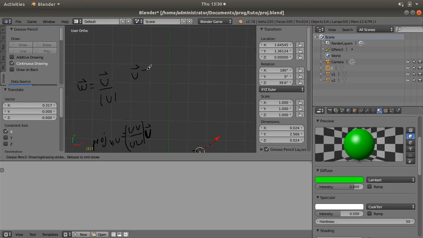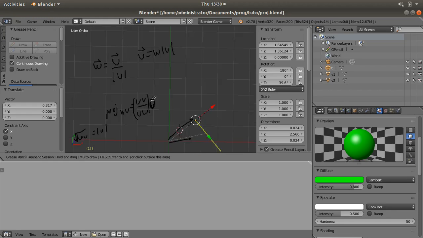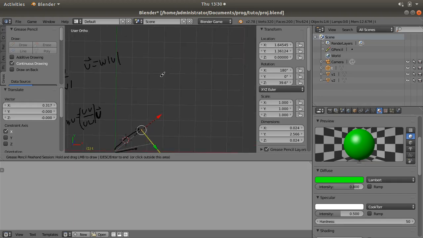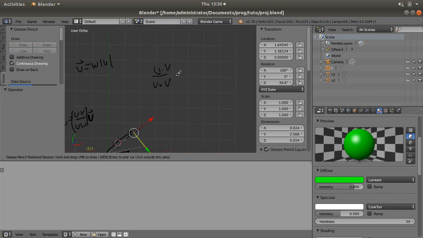U is equal to w times the mag of u. And then I'll put this side in there. So you have u dot v over v dot v times w, and up here you stick the mag of u.